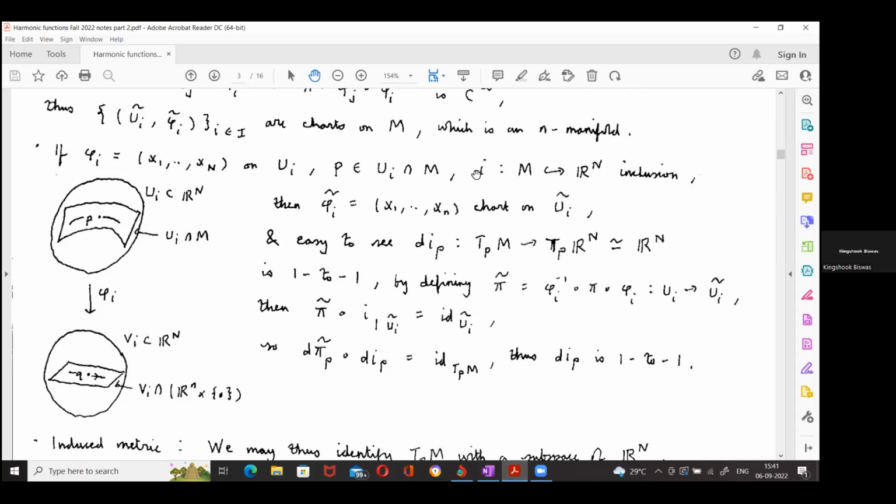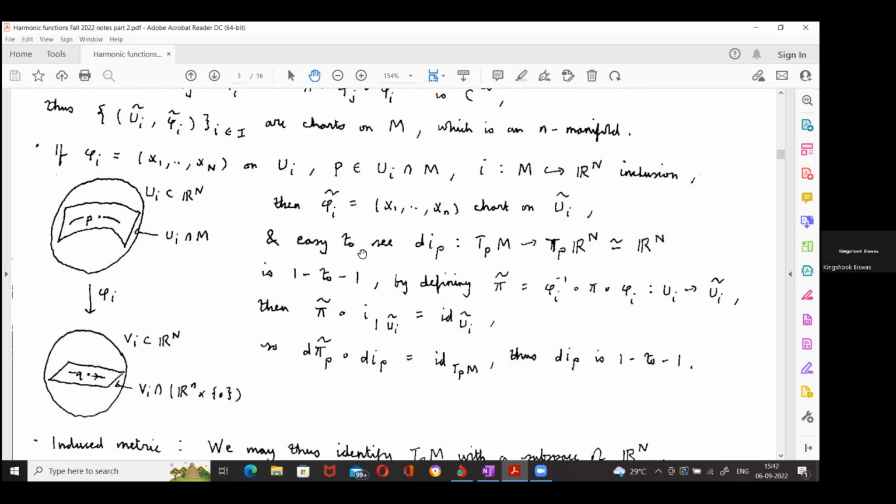And let I be the inclusion from M into Rn. Okay, let this be the inclusion map. And so let phi I tilde be x1 to x little n. This is my chart on ui tilde, right? The first little n coordinates give me my chart. Yes. Okay.